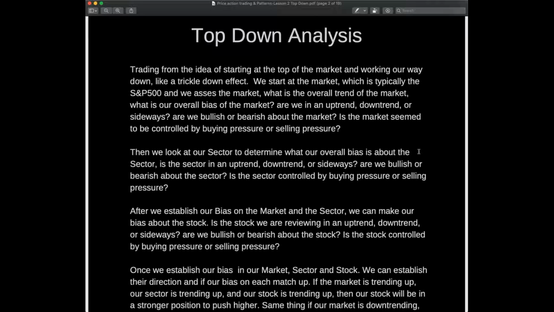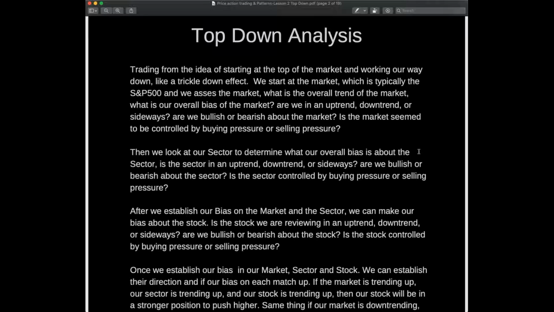When you first analyze, you want to say, what is the overall trend of the market? So, simple question, is the market going up or is it going down? Okay, number 2, what is the overall bias of the market? Okay, another simple question, are you bullish or bearish of the market? Has it been going up?